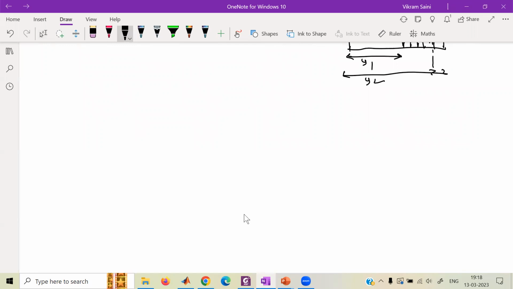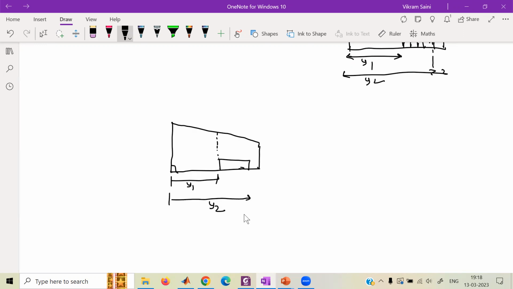I'll make the geometry. It's 90 degrees here, and this is the aileron. You know these lengths; these numbers are fixed for you. Take some number as y1 and this number as y2.